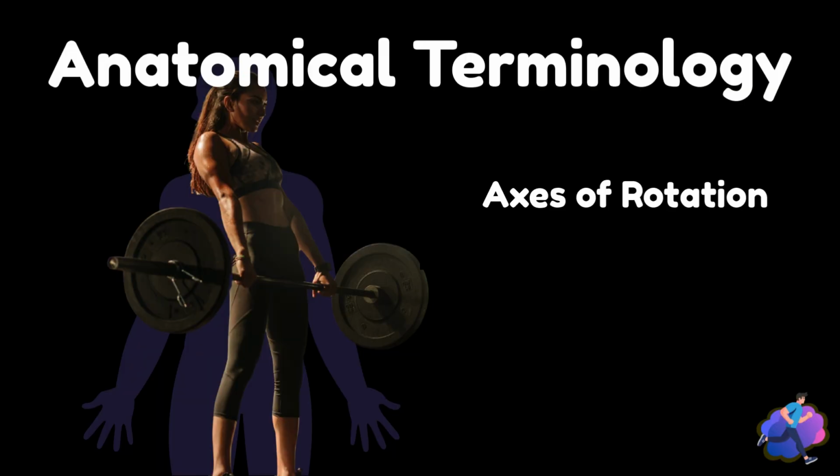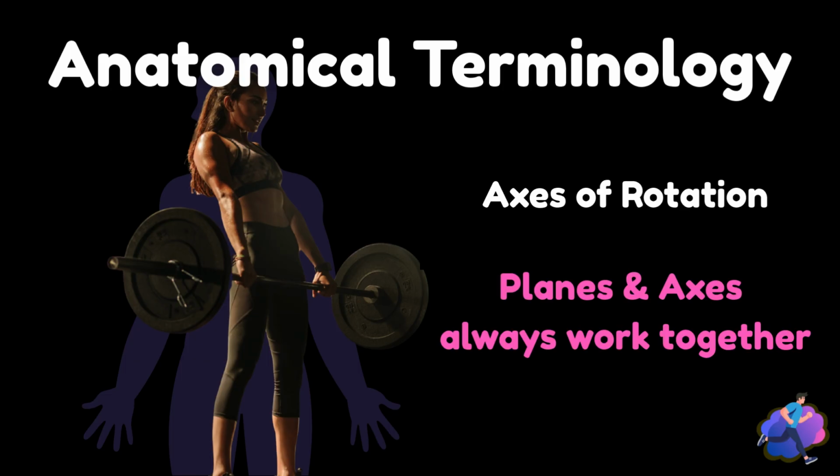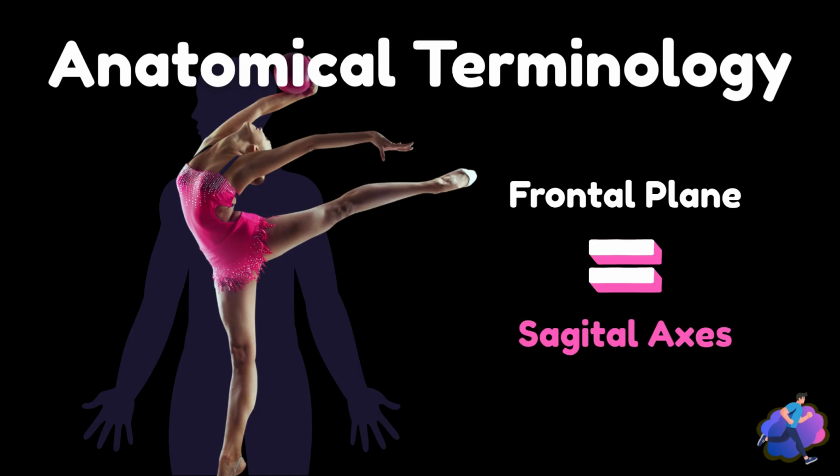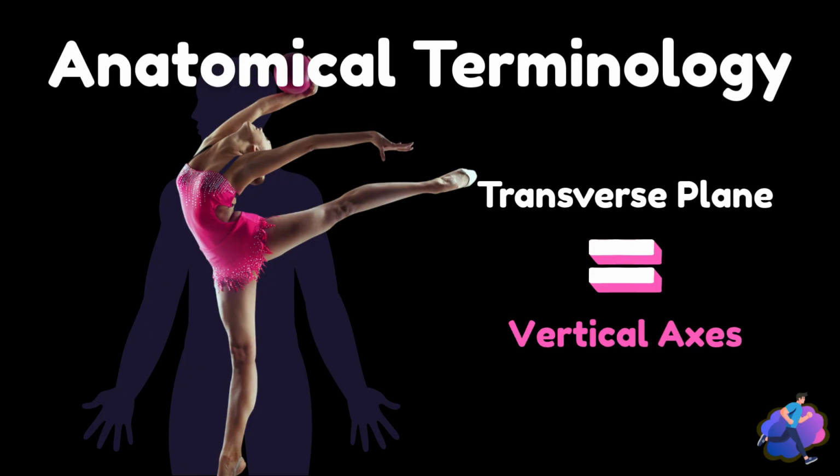And speaking of axes, the IB also expects you to know about axes of rotation, because planes and axes always go hand in hand. Movements in the sagittal plane rotate around a frontal axis. Movements in the frontal plane rotate around a sagittal axis. And movements in the transverse plane rotate around a vertical axis.